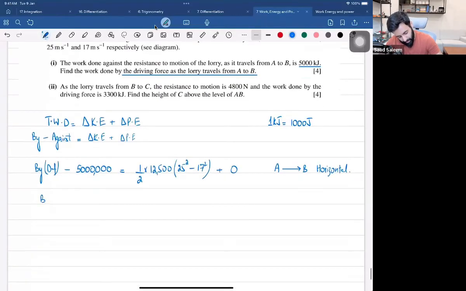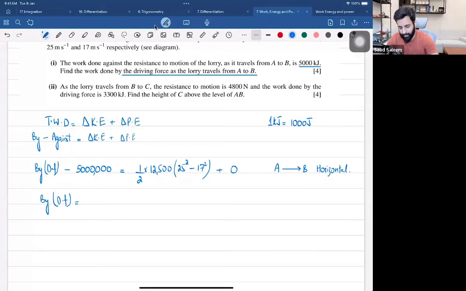Now let's solve. The work done by the driving force will be equal to, let's see what we get, 0.5 or half times 12,500 times 25 squared minus 17 squared. Make sure that you work it out the way that you see it, that you put 25 squared minus 17 squared inside the bracket. So we get a huge value.